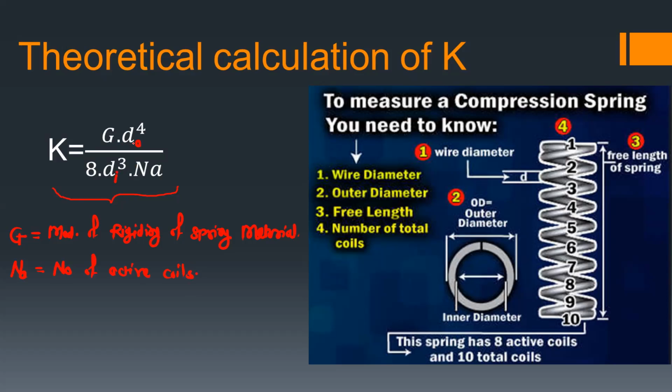So actually this is G into DO raised to 4 upon 8 Di cube into Na. So DO is the outer diameter for the coil. And Di is equal to DO minus small d. So actually small d is the coil diameter.